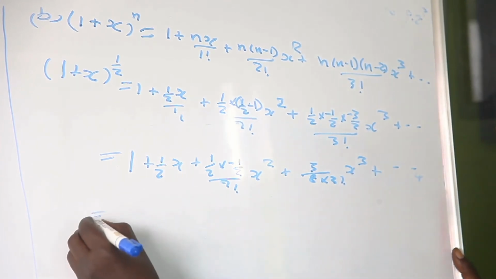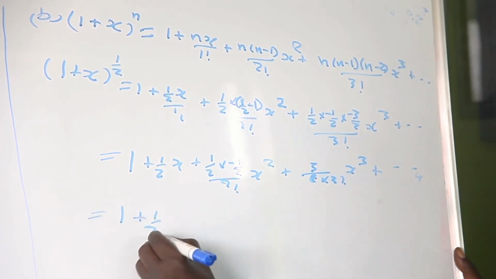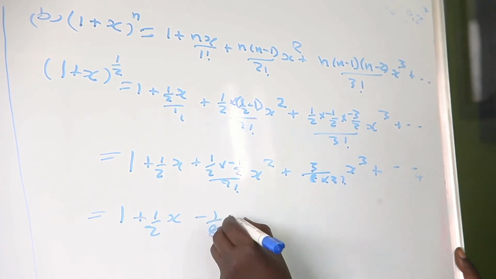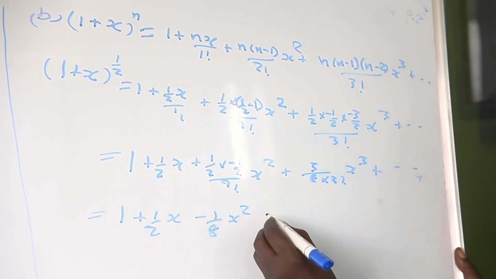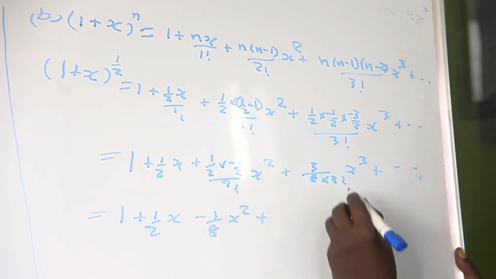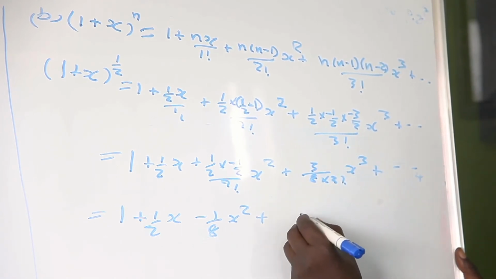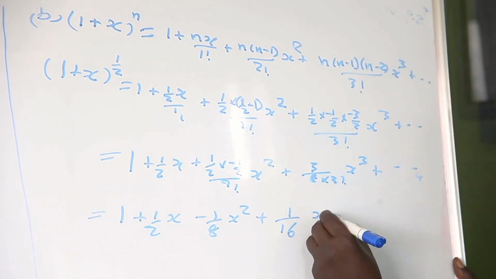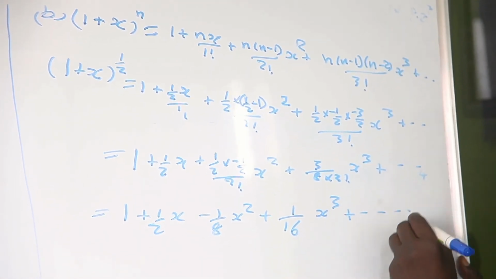This gives us 1 plus a half x, then minus 1 over 8 x squared, then plus, this is 3, and 3 cancels. This one is 8 times 2 is 16, x cubed, plus, and so on.